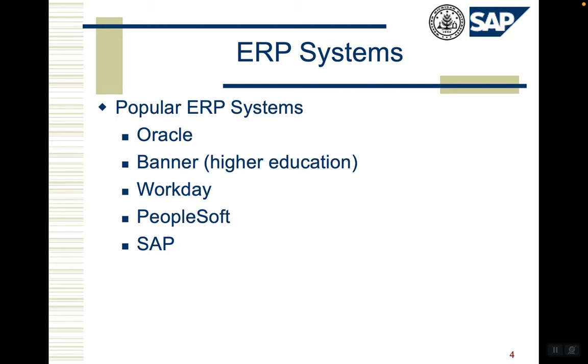You access it the same way you would access an application like Amazon or Google across the internet. All right. And then PeopleSoft is a little older ERP system focused on human resources that was acquired by Oracle a couple years back.